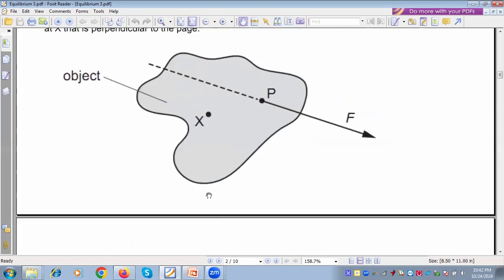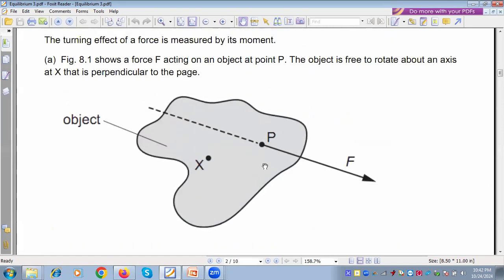So the expression is what? Force into perpendicular distance. I will be writing your answer here. Moment, you may write torque or simply the word moment, is equal to force into D, perpendicular distance.